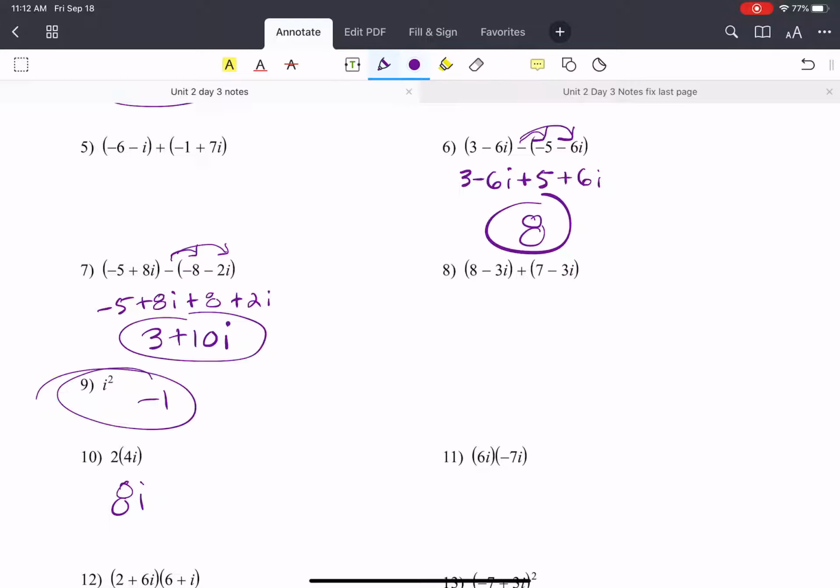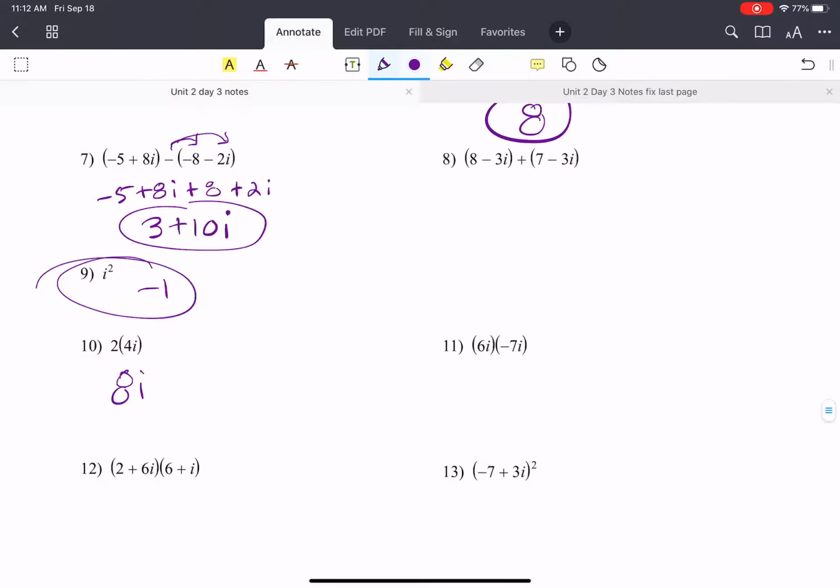Now on 11, I'm going to multiply the coefficients. What is 6 times 7? 42. So it's going to be -42i squared. Now, if those were x's, if those were variables, I'd be done. But they're not variables, so I have one more step.